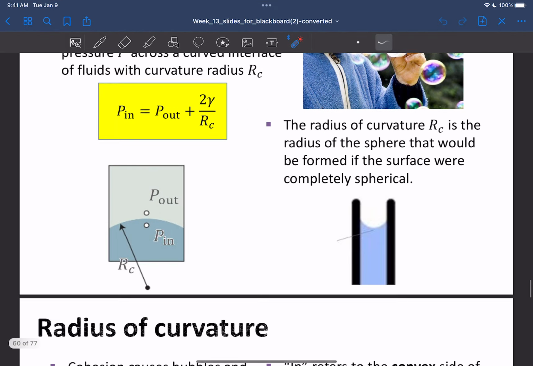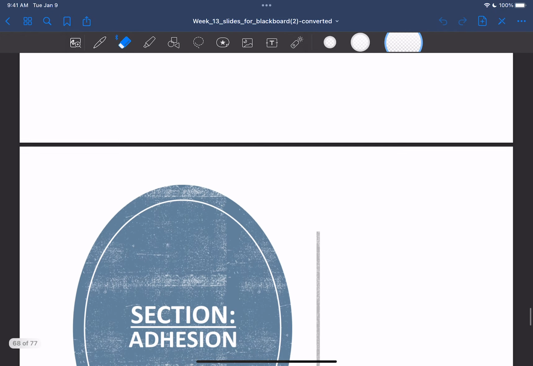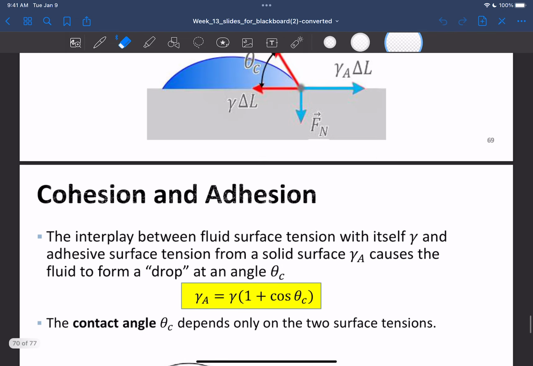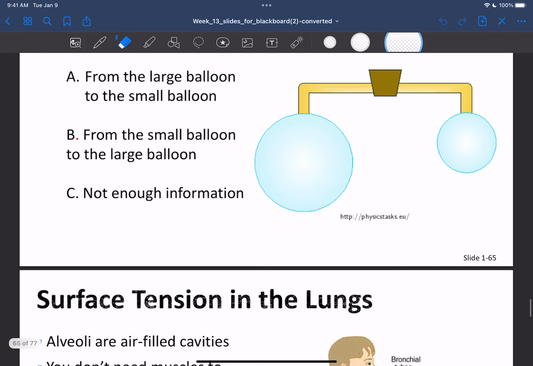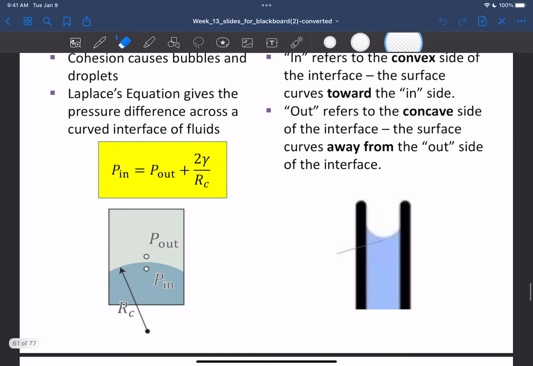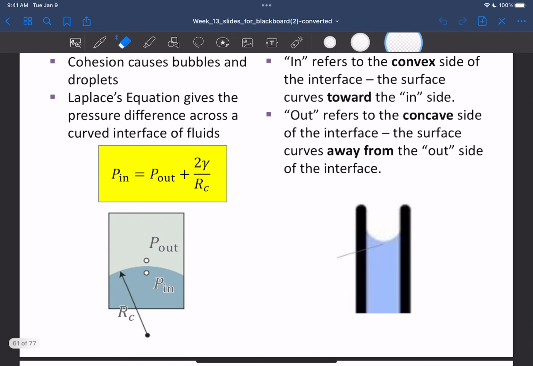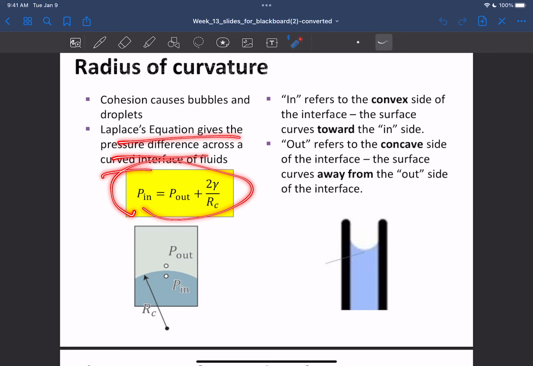Yeah, one sec. Let me see, because that might be something that I'm missing. Let me just look at what we have here. But I mean, it says it gives the pressure difference across the curved interface.